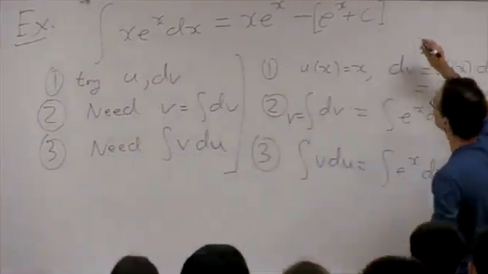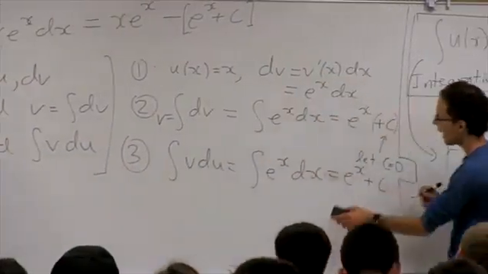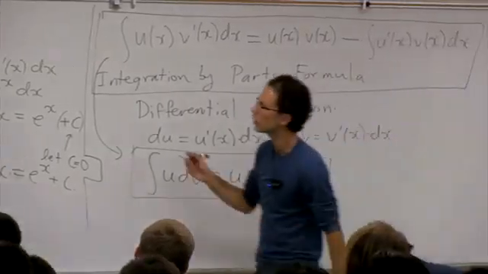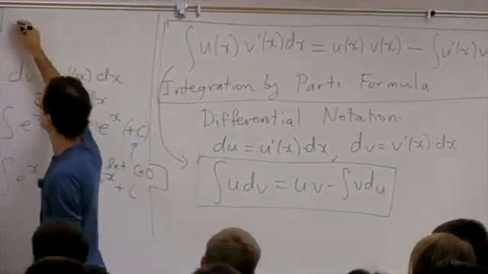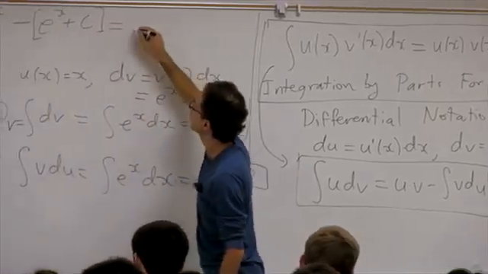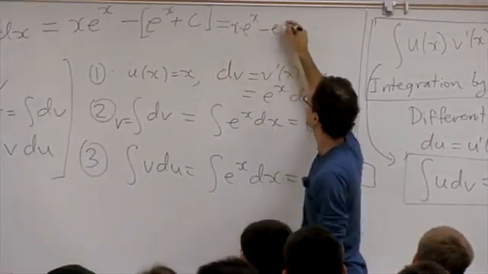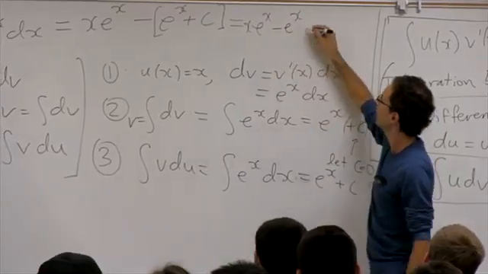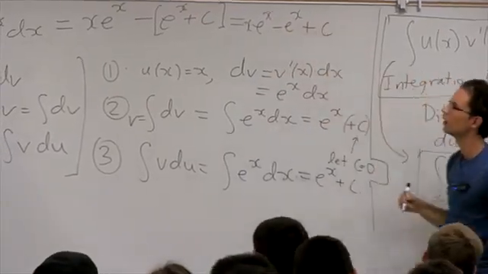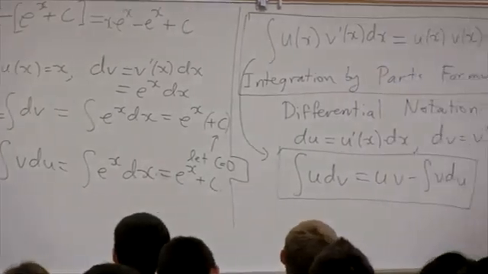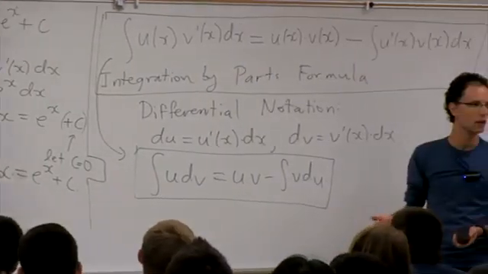Let me just make one small remark. Adding the constants, you can do it in the beginning or in the end. It's really not going to matter too much. You can write this as x e to the x, just a small simplification here, minus e to the x. And I'm going to write plus c. It should be minus c, right? But remember, the c is arbitrary. You can pick any constant you want.